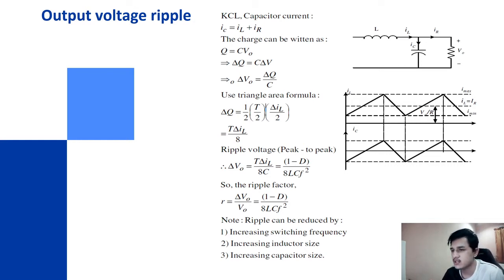And the peak to peak ripple voltage also has a formula. And lastly, for the ripple factor, we also have a formula shown on the slide.